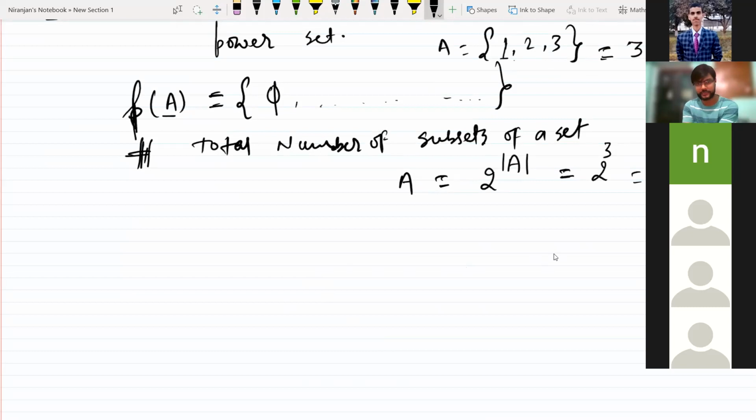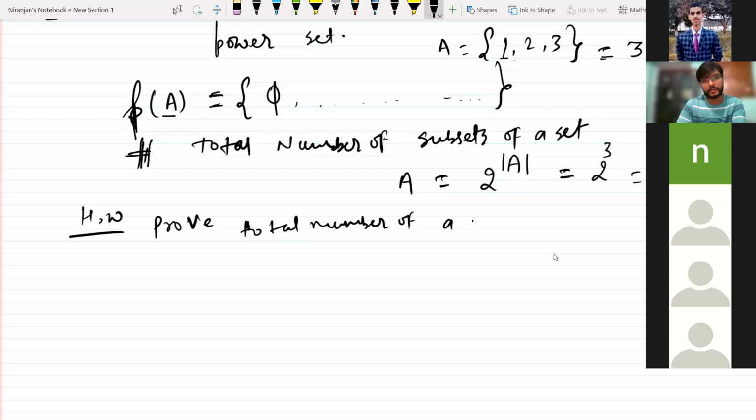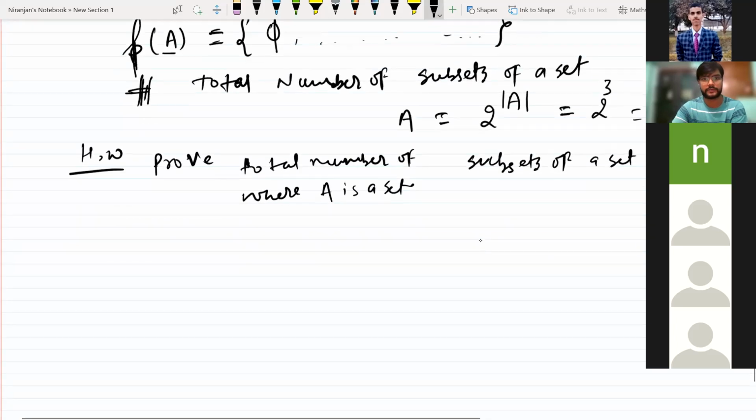If anyone is really interested, this is your homework: prove that the total number of subsets of a set is 2 to the power cardinality of the set, where A is a set. Just prove this one, okay? If you have time.